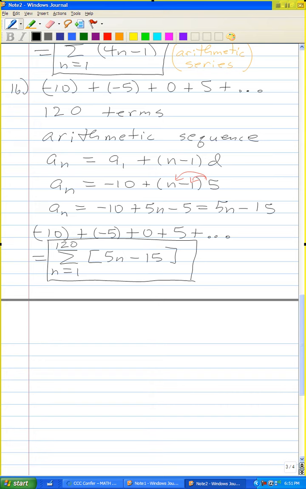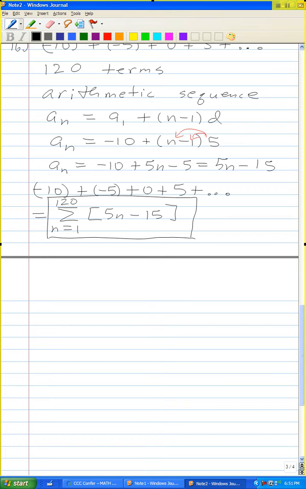Let me do problem 18. 18, 6, 2, 2/3, 2 over 729. Okay, so in this case, notice that I keep dividing by 3 to get the next term.